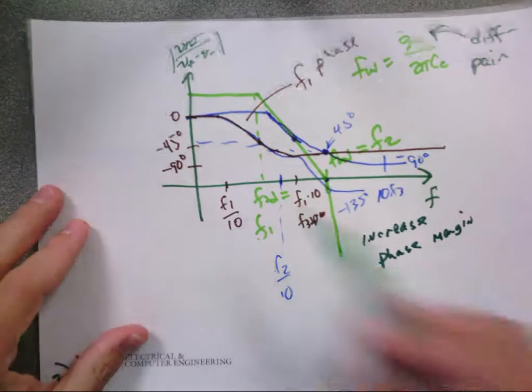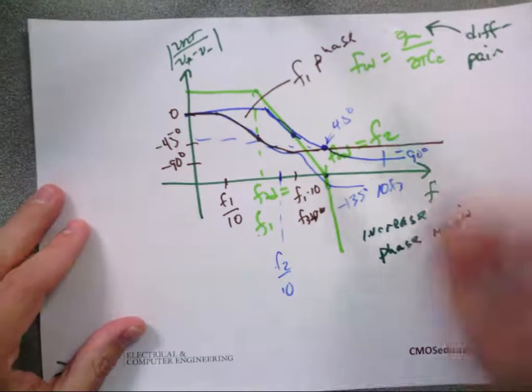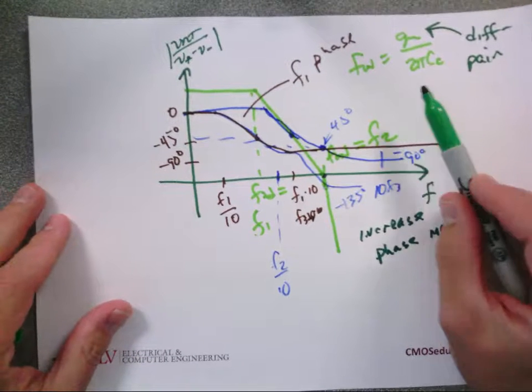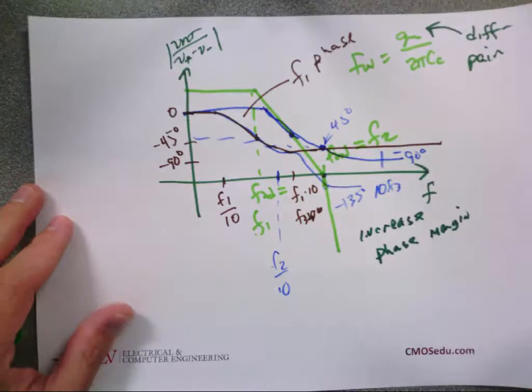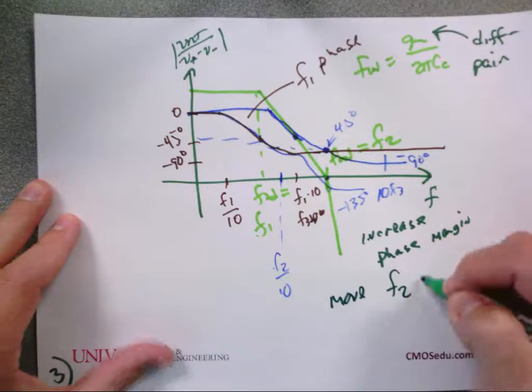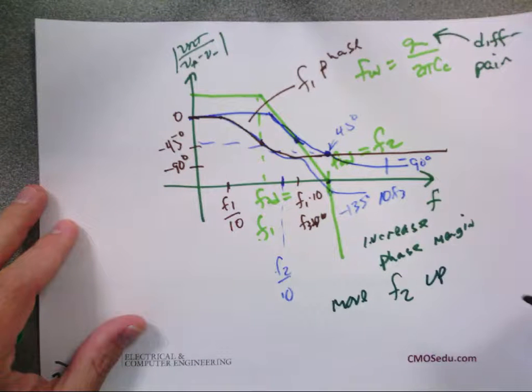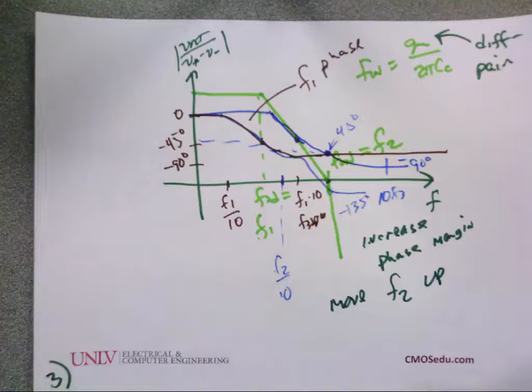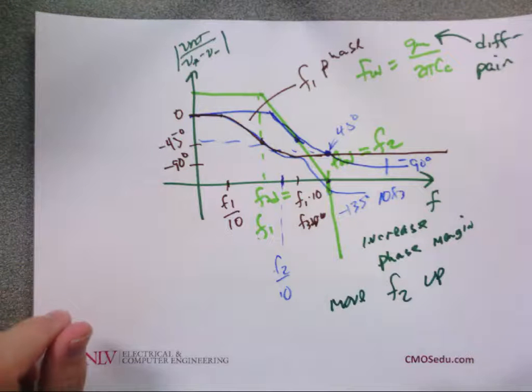I have to move either F1 or F2 because I just told you we're not moving the unity gain frequency. I got to move F2. I had to move F2 up. But I thought M2 is. No, I just said, say they're at the same frequency. Okay?